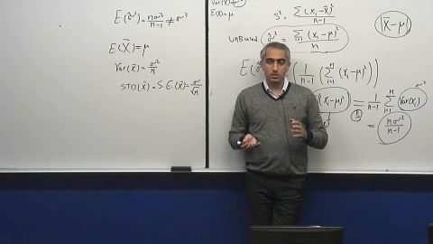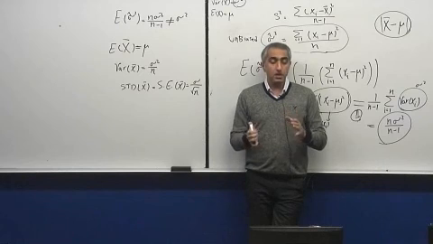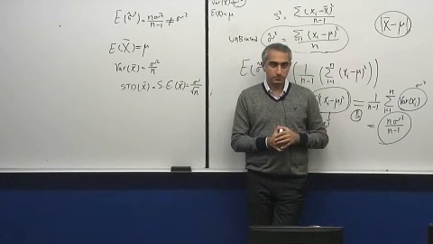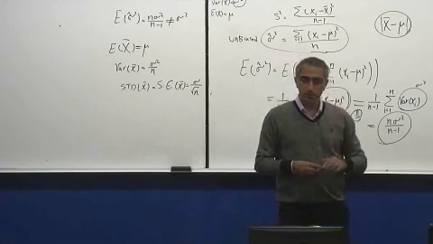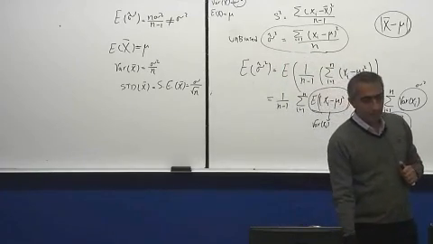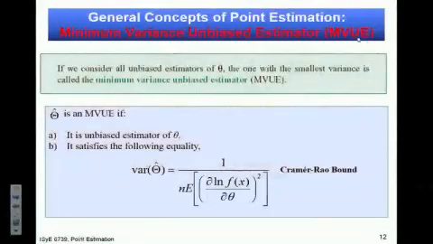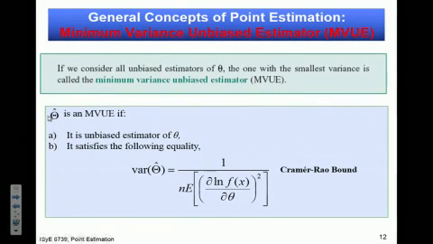I can give you many unbiased estimators. We can show that one of those has the minimum variance.